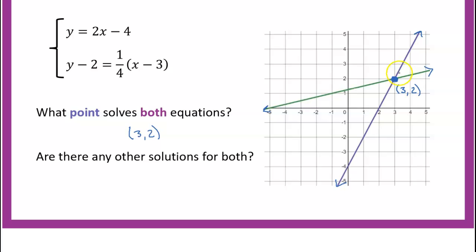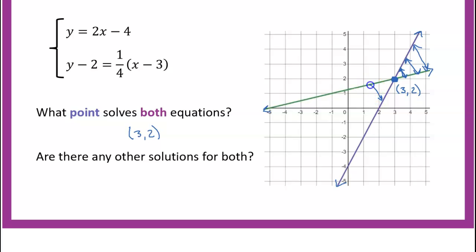So the question really is are these lines ever going to meet again? Is there any other place where they're going to come back together? Well, if we look at the distance between the two lines, you can see that as we get further away from the intersection, that distance gets bigger. That distance is increasing.